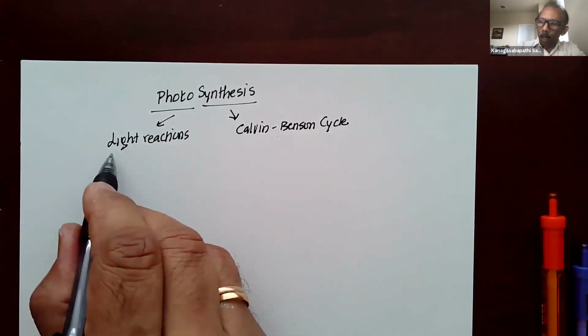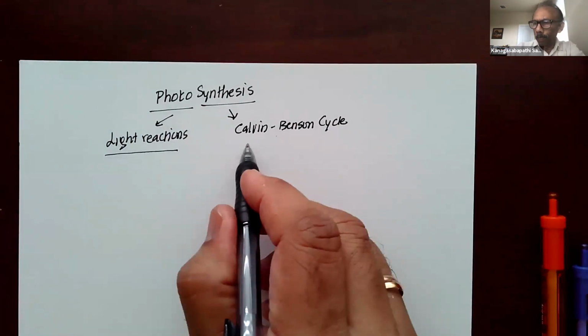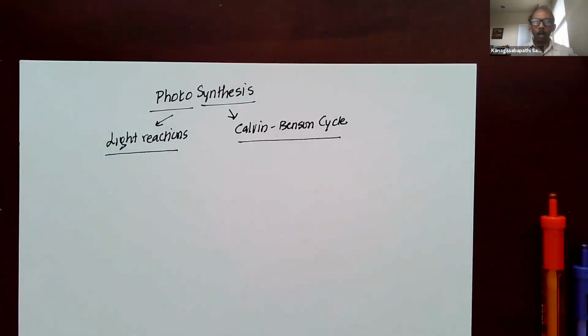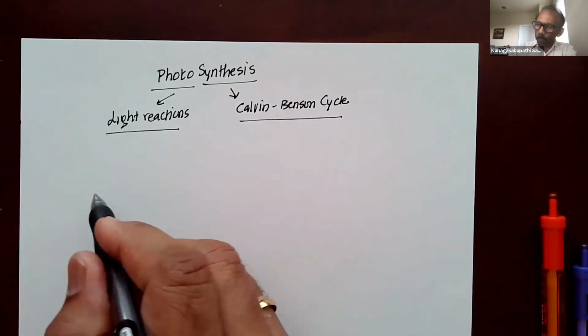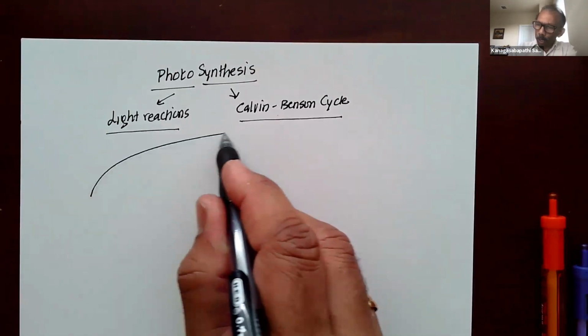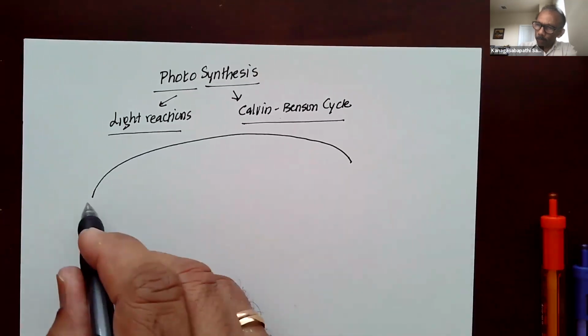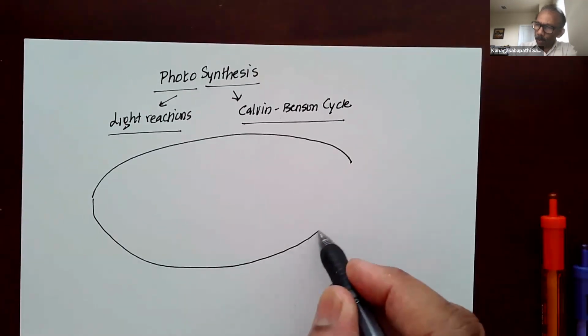And the light reactions happen on the thylakoid membrane. So I'm going to put that in a structural perspective with the chloroplast.